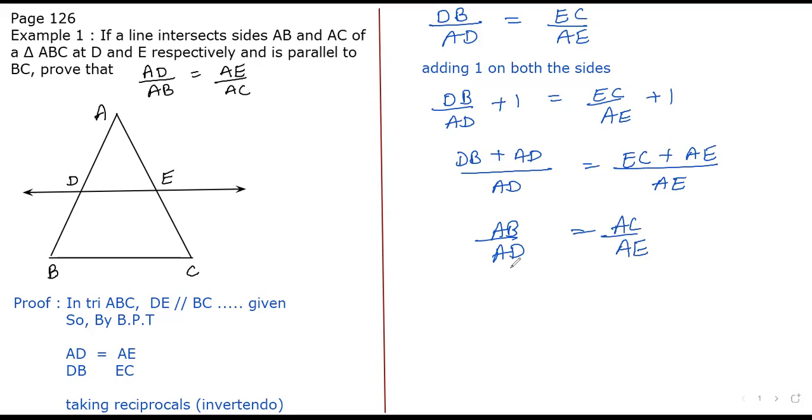And again, one more time taking reciprocals: AD upon AB is now equal to AE upon AC. Hence proved. Hence we have proved the required result.